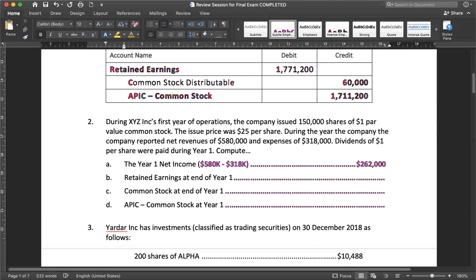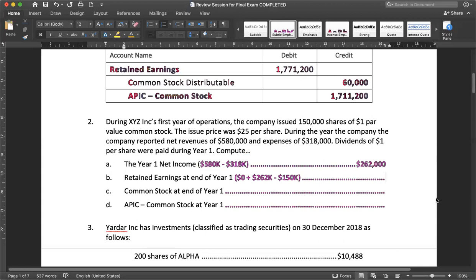All right, so we're going to say it is zero beginning balance plus the net income, which was $262,000, and then minus the dividends. And they say that dividends of $1 per share were paid during the year. So it was 150,000 shares, and each share received a $1 dividend, so that would be 150,000.